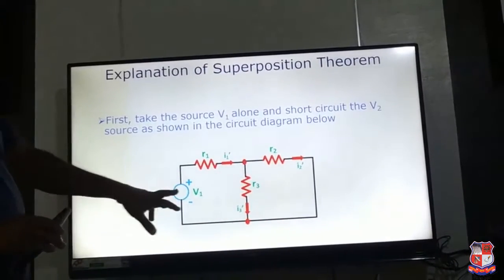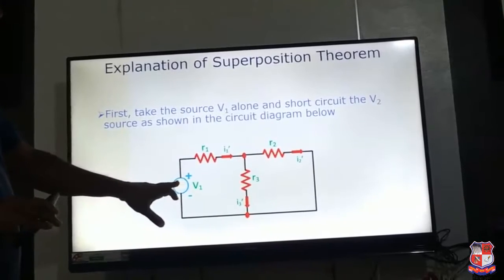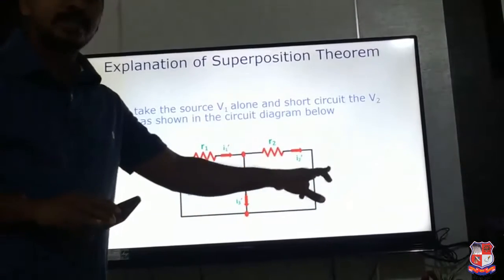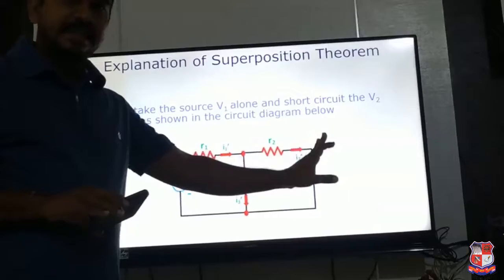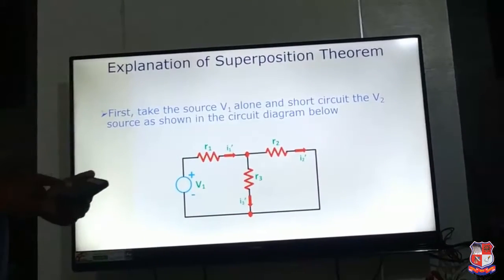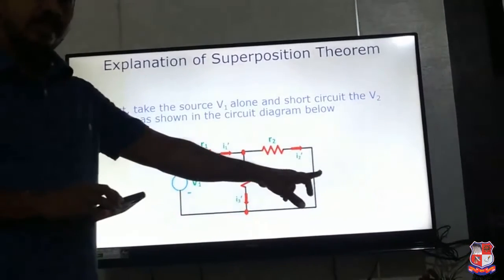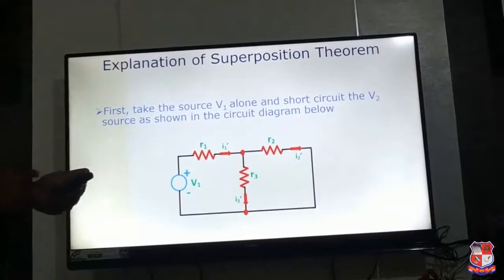Here we are acting only one source, that is the V1 voltage source, and the V2 voltage source is replaced by its internal resistance, or we can say it is short circuited. So in this circuit only V1 is applied and V2 is replaced by a short circuit.